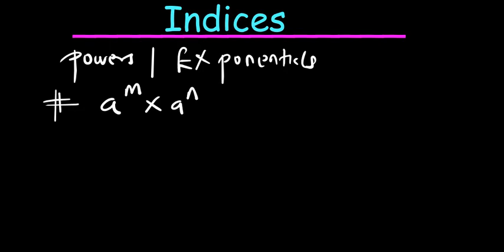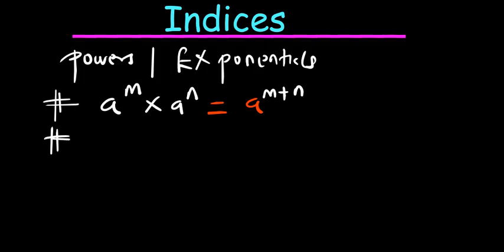Now, according to the rule of indices, because we are multiplying and the bases are the same, here I've got a and here I've got a, you are supposed to add your powers. So that is according to the rule of multiplication of indices. So in this case, I'm going to have a, then I'm going to add my powers. I've got m plus n. So that is the first rule.